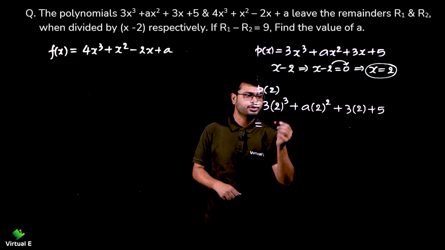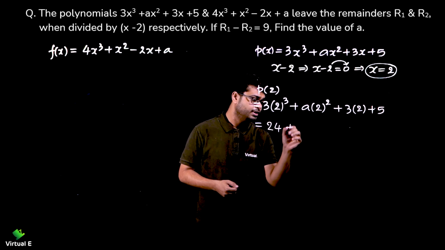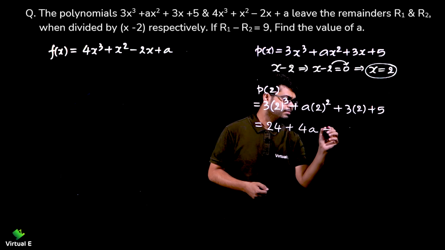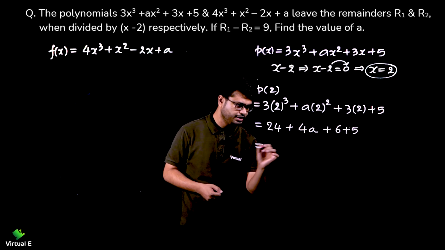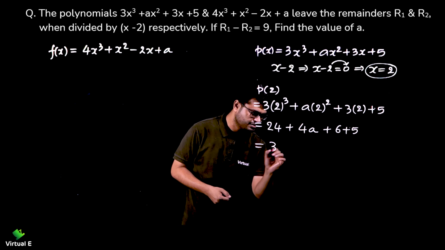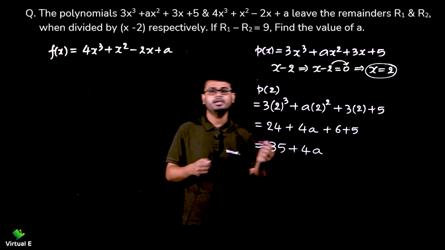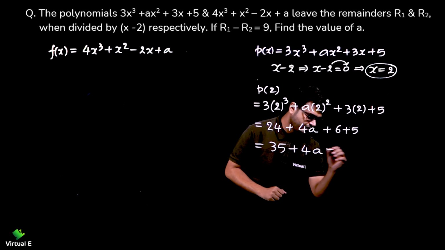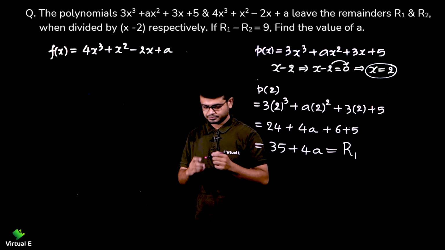Here 2 cubed is 8, 8 threes are 24, plus 2 squared is 4, so 4a, plus 6 plus 5. So 24 and 6 make 30, 30 and 5 is 35, plus 4a. It's given that this is r1 for the first case, so that's the value of r1.